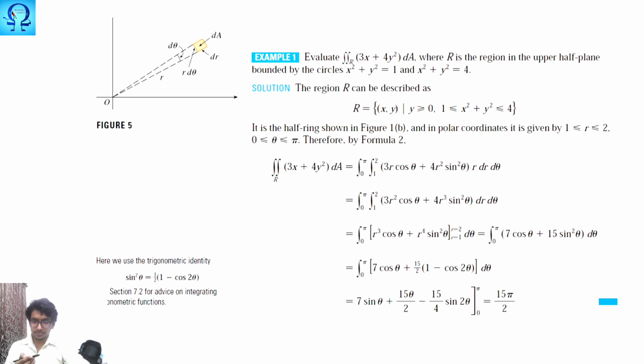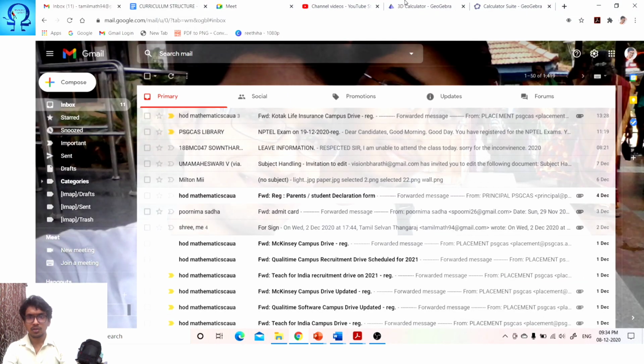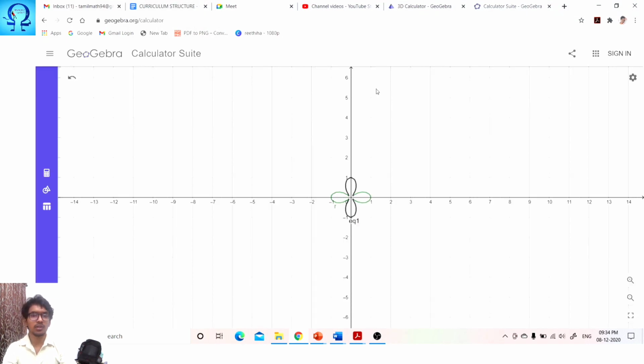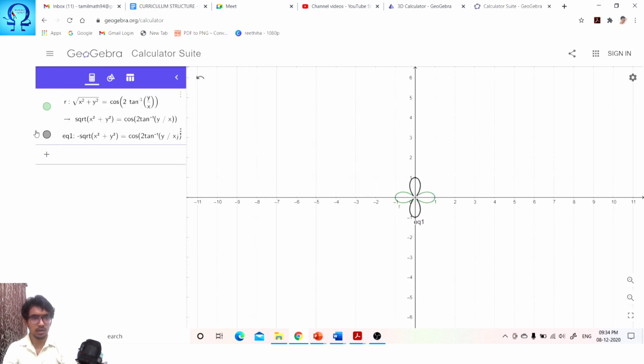We are asked to evaluate this integral where R is the region in the upper half plane. When you try to plot, let me show these things. Hope you can plot the circles, right?